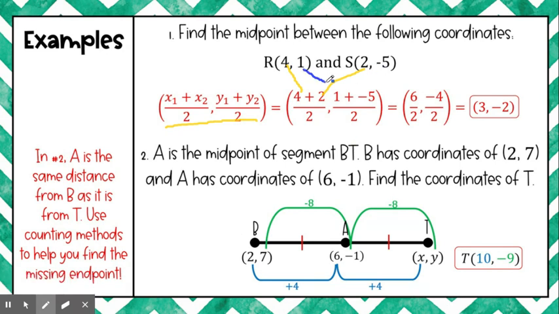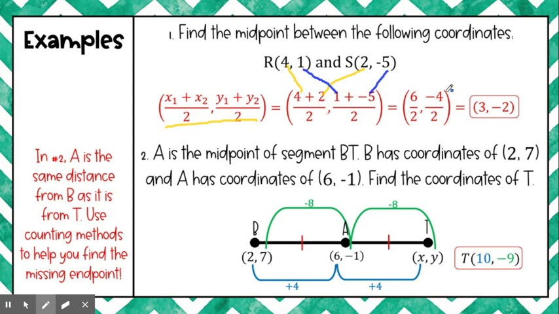So we need y1 and y2. Do y'all see where those numbers are coming from? So in our ordered pair, we have our x and our y. And this is another ordered pair for a point, and this is x and y. So we just take our x's and our y's and sub them in. Then we're going to go through and we're going to work out our math.